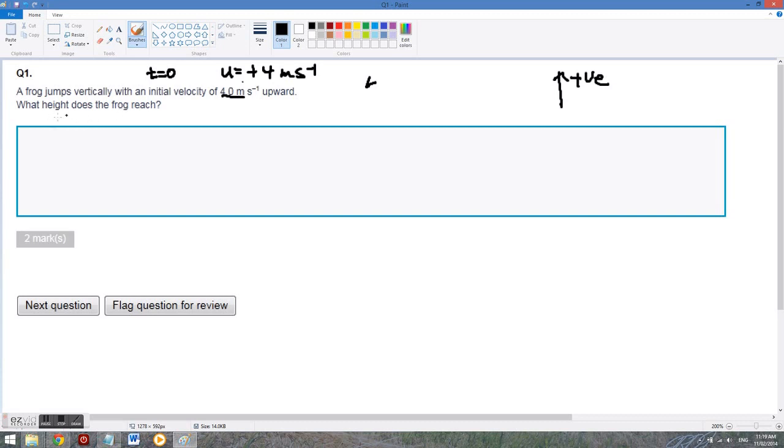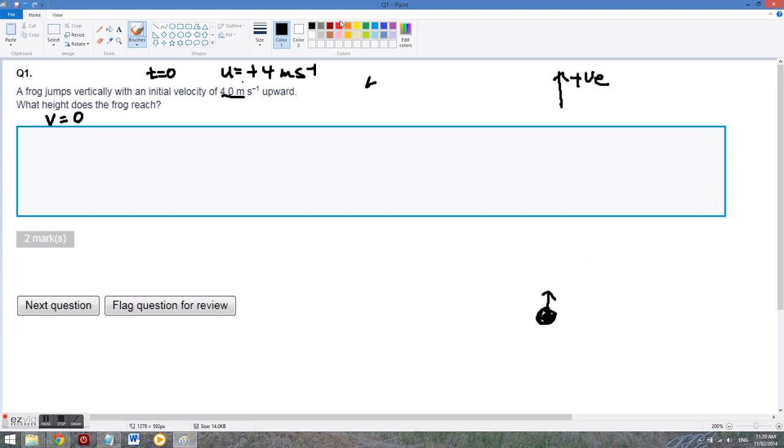Okay, maximum height. When talking about the maximum height, we have to recognize that the final velocity must be 0. Because say I'm throwing a ball upwards.